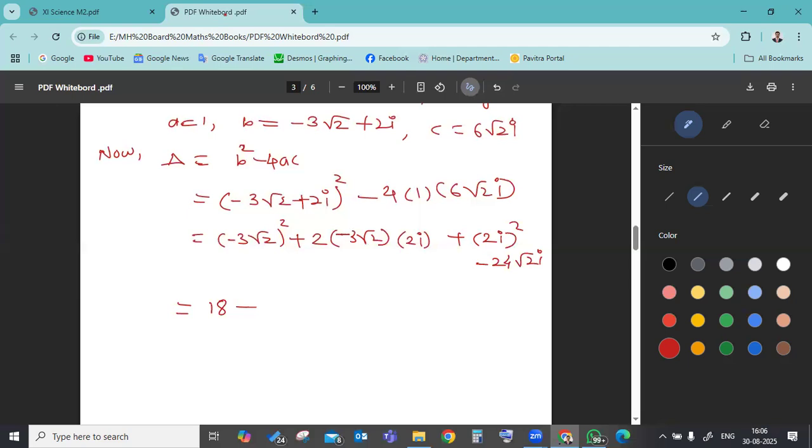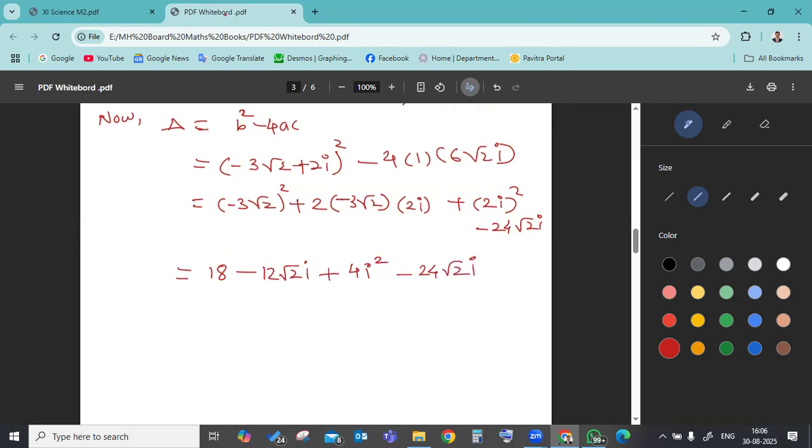Now 2 fours are 8, 4 threes are 12, 12 root 2i, 12 root 2i. Then this 2 square, 4i square, minus 24 root 2i, right? Then this total thing will turn out to be 18, and this 4i square is minus 4, so 18 minus 4, and minus 12 root 2i minus 24 root 2i.